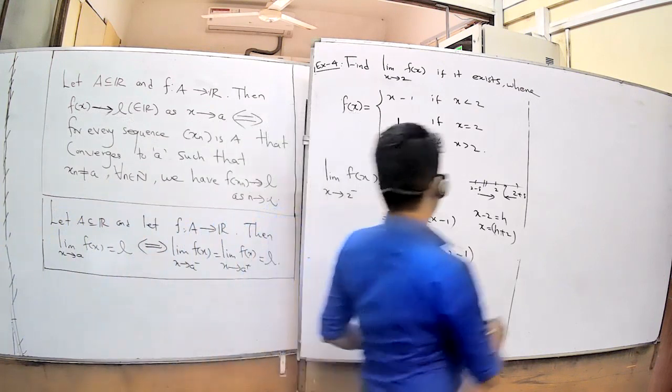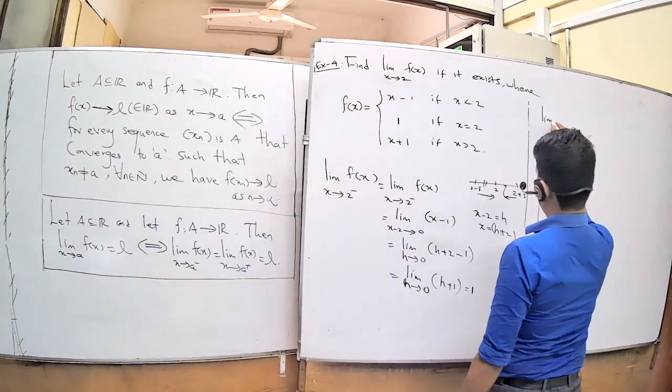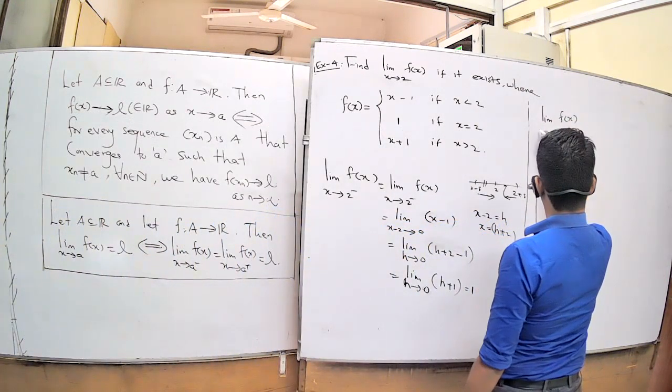What about this value? Limit of f of x for the right limit, x tends to 2 plus.